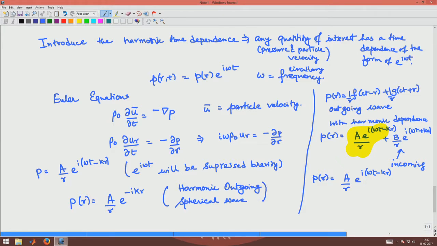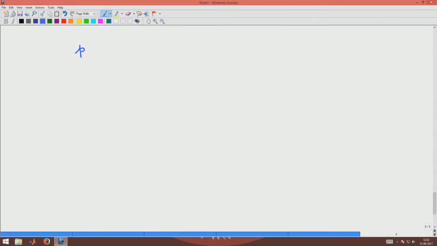So, let us do a little bit of analysis related to this equation. If P(r) is a by r e to the power minus i k r, then del p del r is given by minus a by r square e to the power minus i k r minus i k a by r e to the power minus i k r.